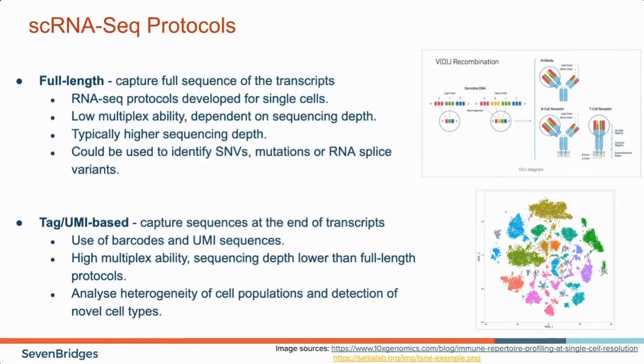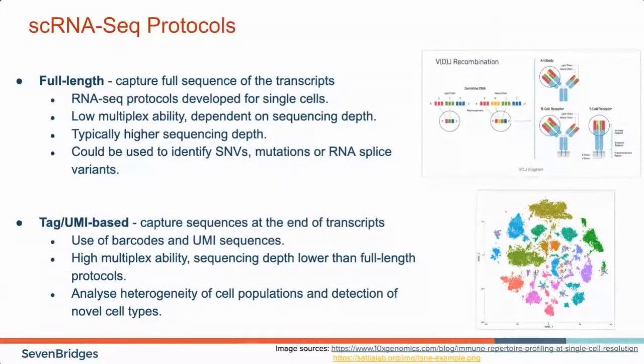The number of cells that can be sequenced highly depends on the desired sequencing depth. The full-length protocols are useful for cases where higher sequencing depth is required, such as identification of single nucleotide variants, mutations, RNA splice variants, or T-cell receptor sequencing, which is the example shown on the right.